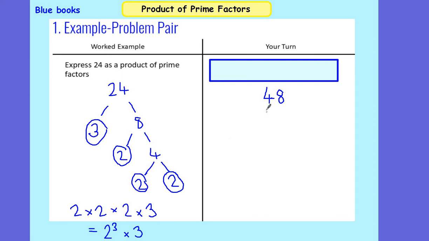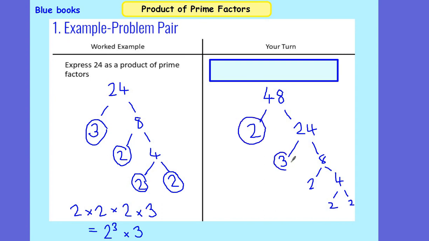Okay, let's go through the answers. I was looking for 2 and 24. And then it's going to look just the same as the one I did. 3 and 8. 2 and 4. And 2 and 2. I'm then going to circle all my primes.